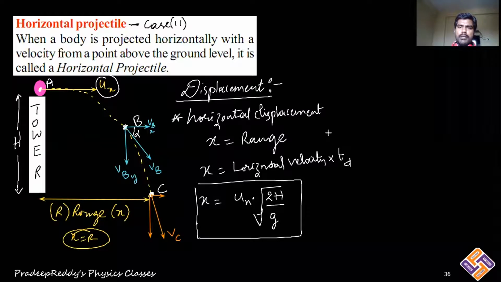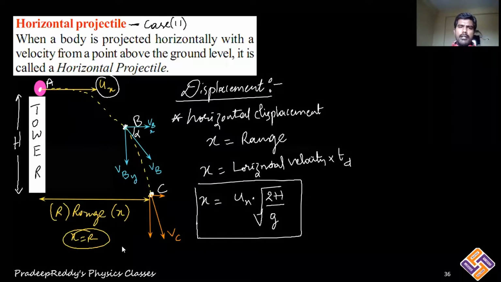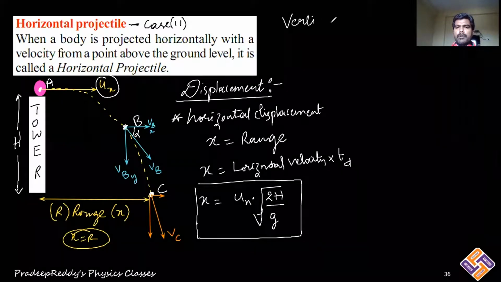Now let us learn about vertical displacement. Vertical displacement is very easy, very simple, because vertically you already know how much distance it is traveling. Vertical displacement of the body is denoted with y, which is equal to h, the tower height.